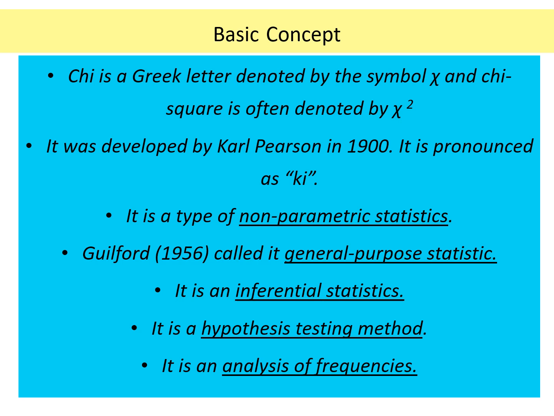Why? Because it has a wider application. That's why Guilford recommended it as general purpose statistics. It is an inferential statistics that I already told. We use it to draw inferences using this type of statistics. It is a hypothesis testing method.